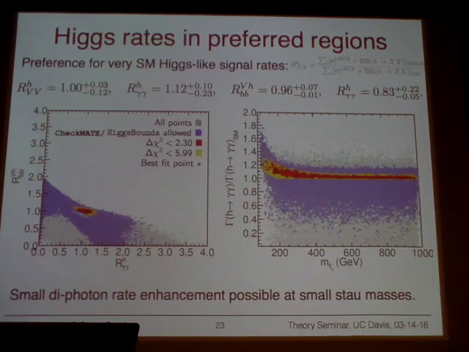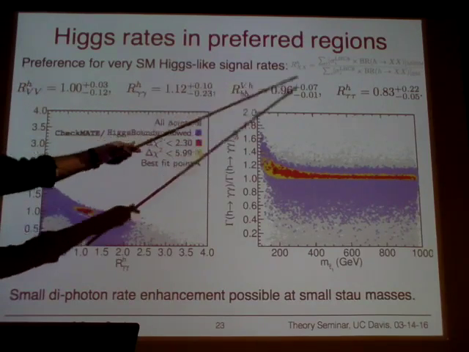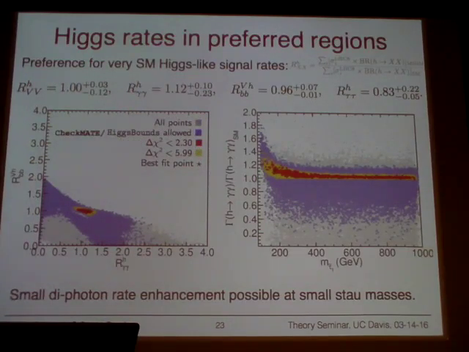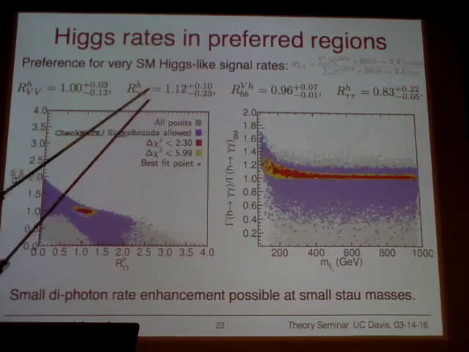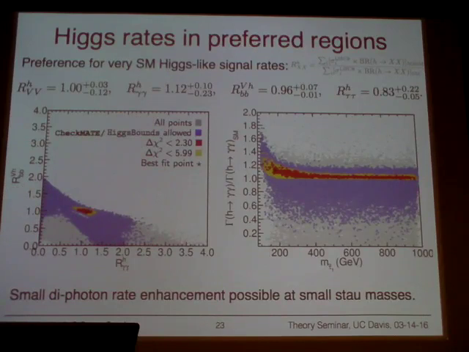But I will show you some more results in the light Higgs case and then turn to the heavy Higgs case. Just looking at the Higgs rates here, these R values are idealized signal strengths in these decay modes. You see that all are basically around 1, which is the standard model prediction. You might see some slight enhancement in the gamma-gamma mode, but not very significant.